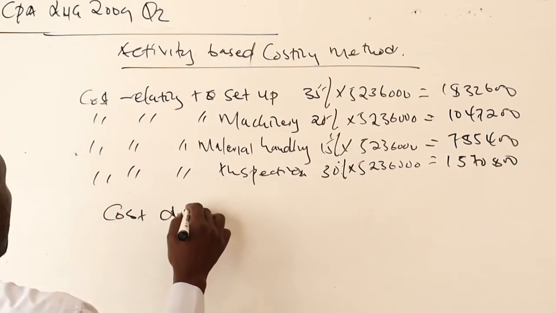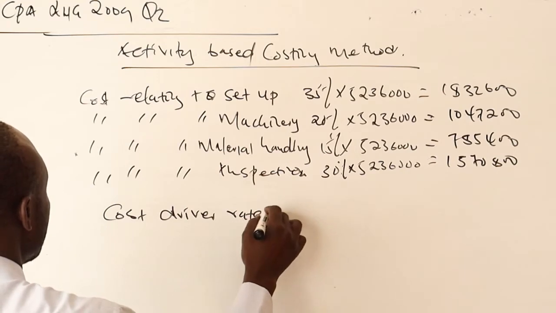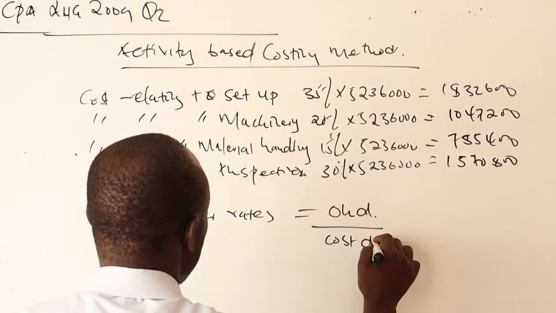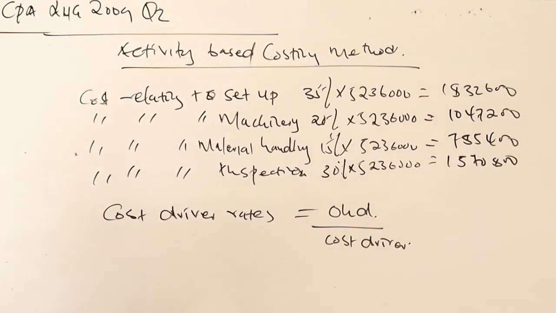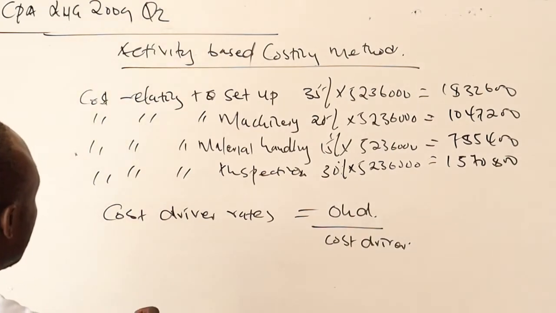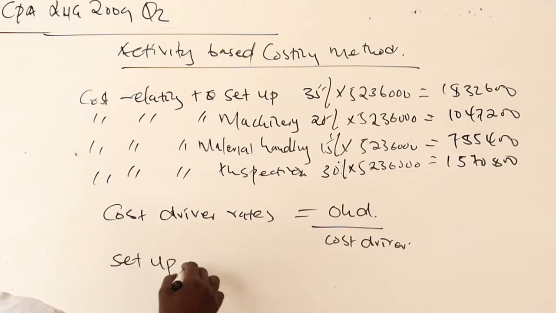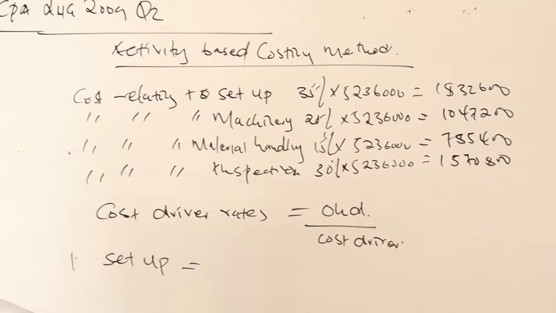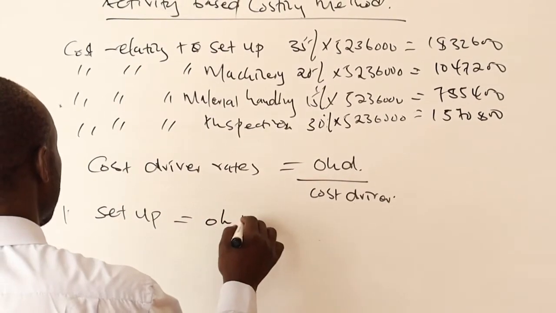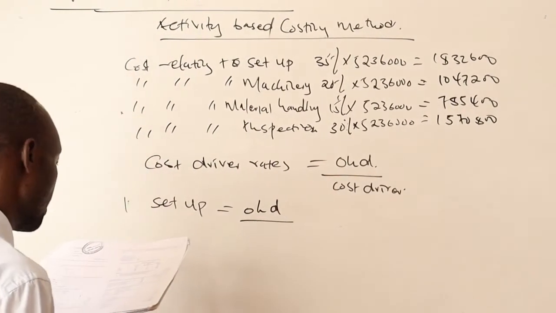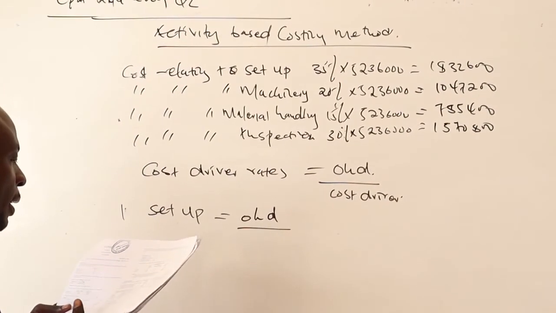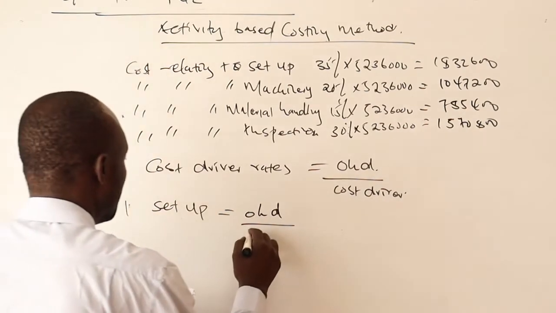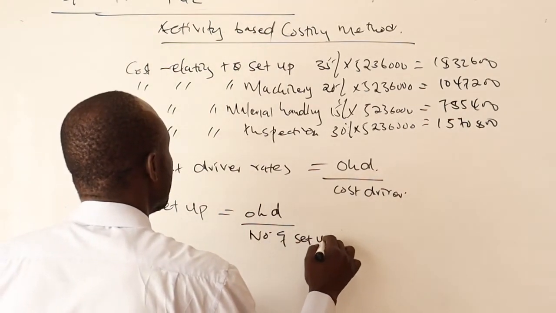Cost driver rates, which we said is overhead over the cost driver. So the first one here is setup. The formula will be overhead over the cost driver, and for setup, the cost driver is the number of setups.